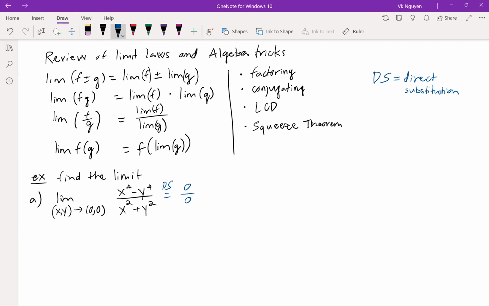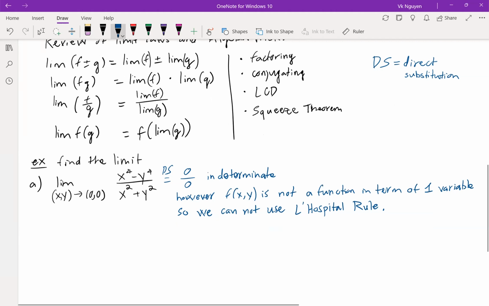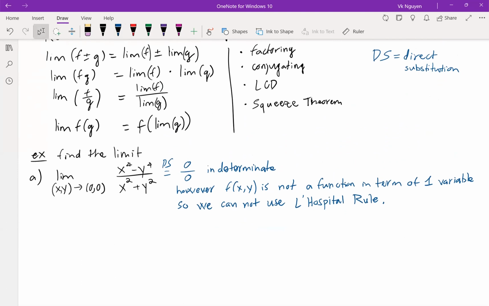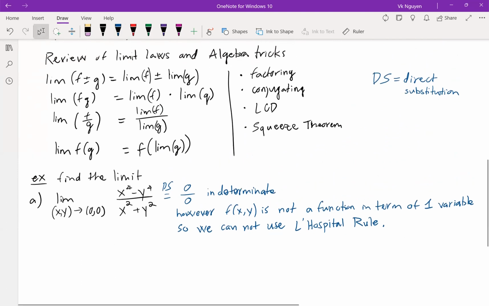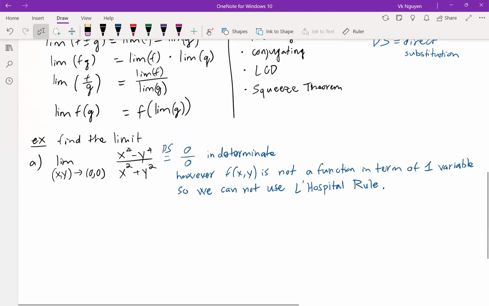Well, it is an indeterminate form, but because it is a function of two variables, we cannot use the L'Hopital rule. Make sure you are very clear that it is a function of two variables, not one. Right. Okay, so once you know this much, then that means you have to do something to this. You got to use all the algebra tricks that you can to simplify the function.